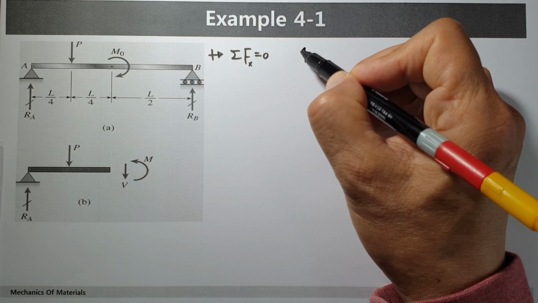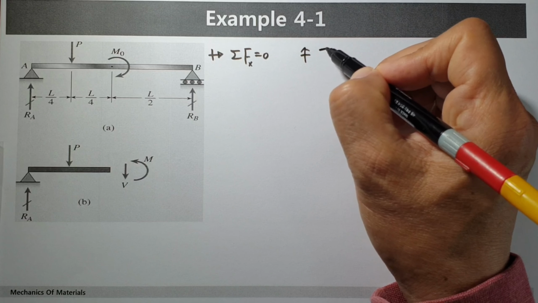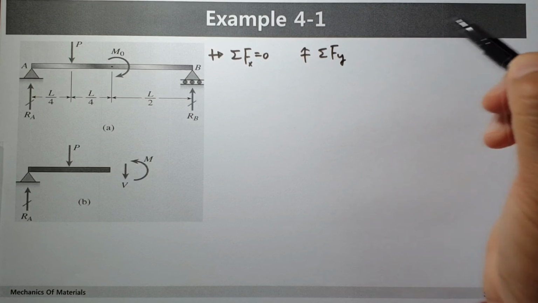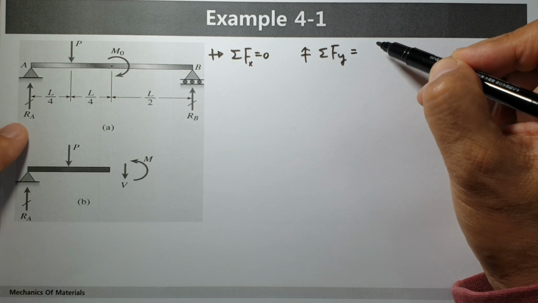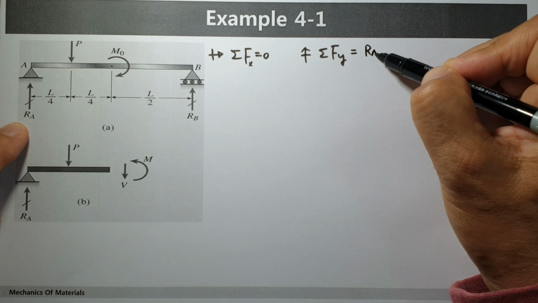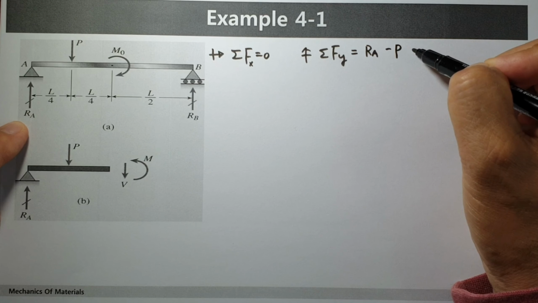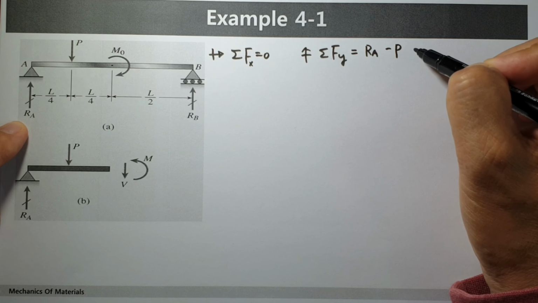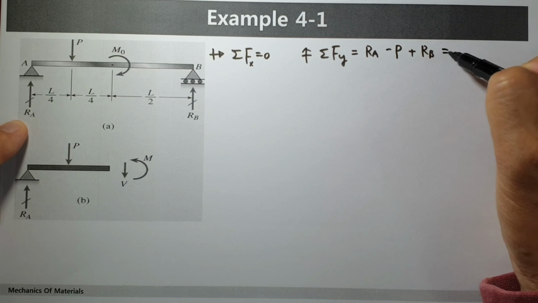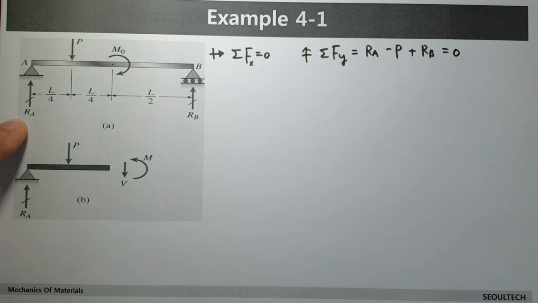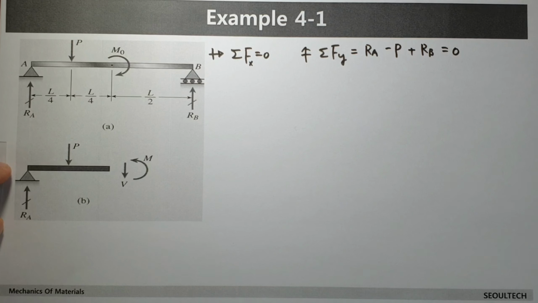And we can think of this direction as positive Fy. Then on the left side, RA minus P plus RB equals 0. It is in the state of equilibrium.